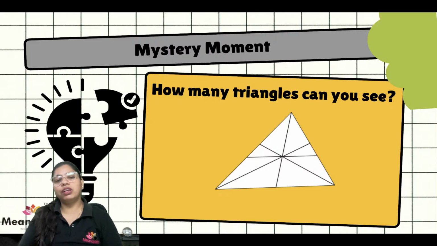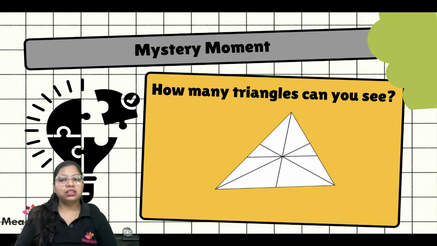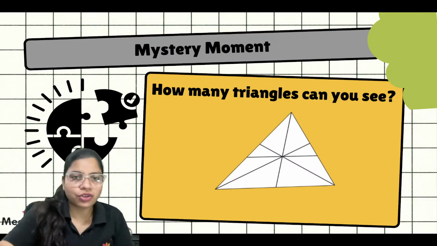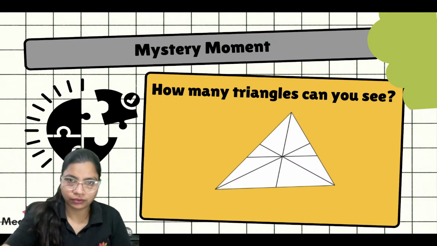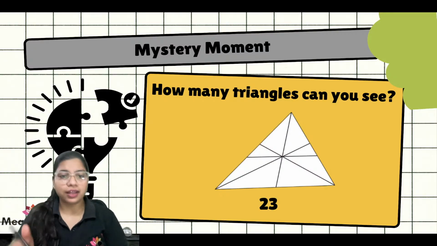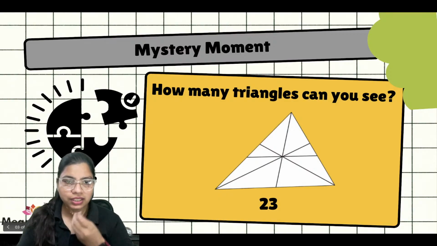I can see even a lot more than you. Satish can see 20. Okay, let's try that. Let's see what the right answer is first. It's 23. Let's figure it out.